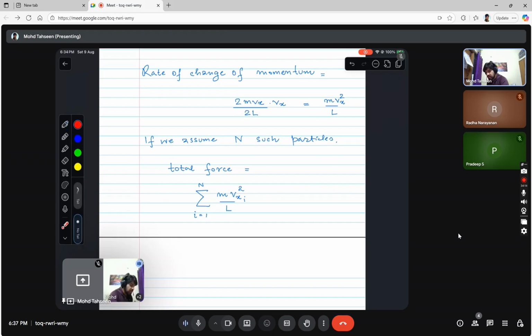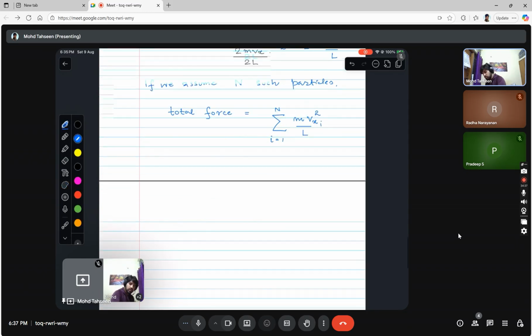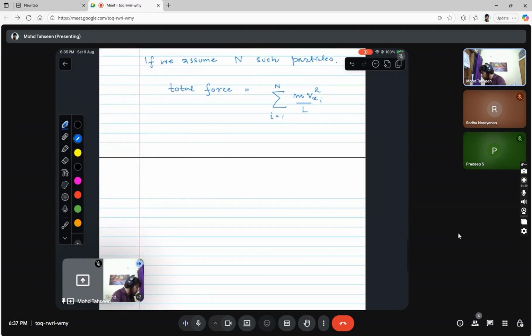Where vxi is the x component of velocity of the ith particle, and we are summing over i as i goes from 1 to n. So this is going to be the total force.